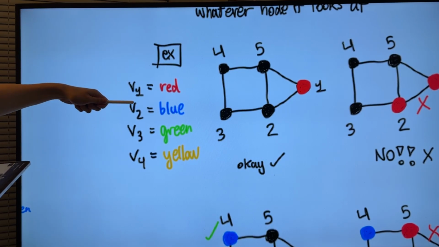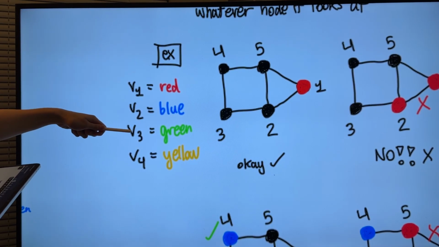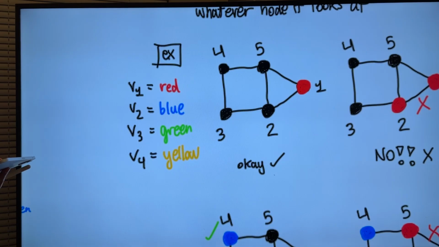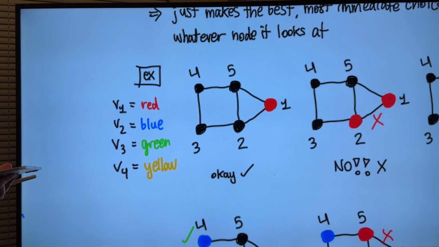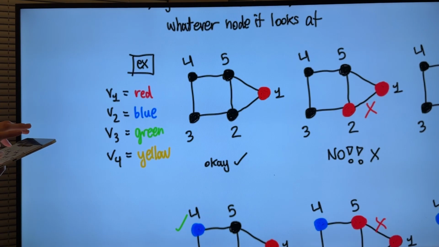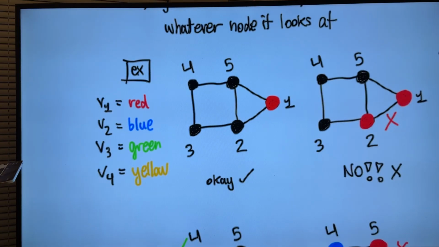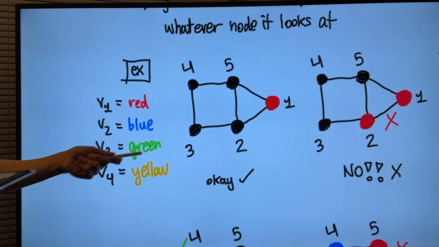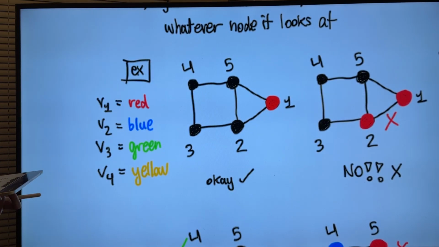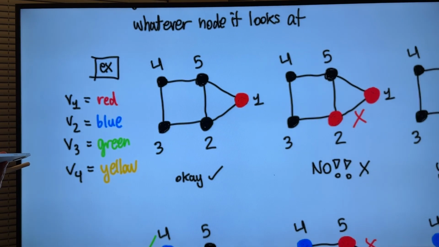It's going to run through every color till it finds one that works, okay? So let's start with 1. We're going in numerical order. You could always rearrange these numbers, but we're going to start with 1, and our first color to use is red. Does it conflict with anything? No, we're good. Now let's move on to 2.